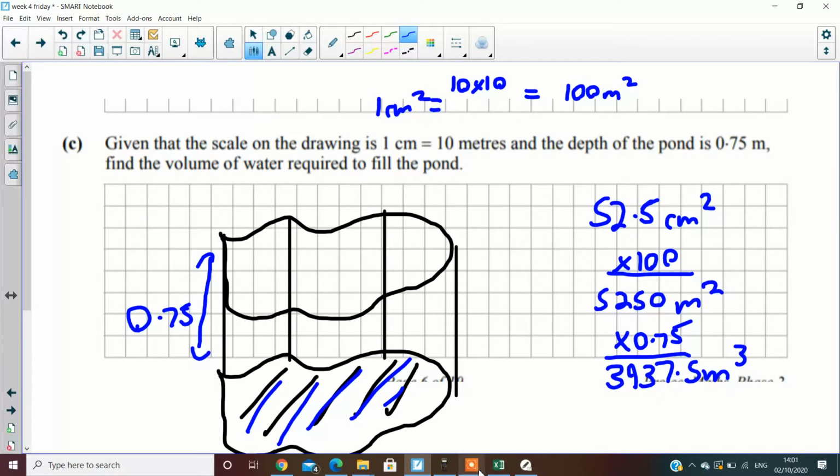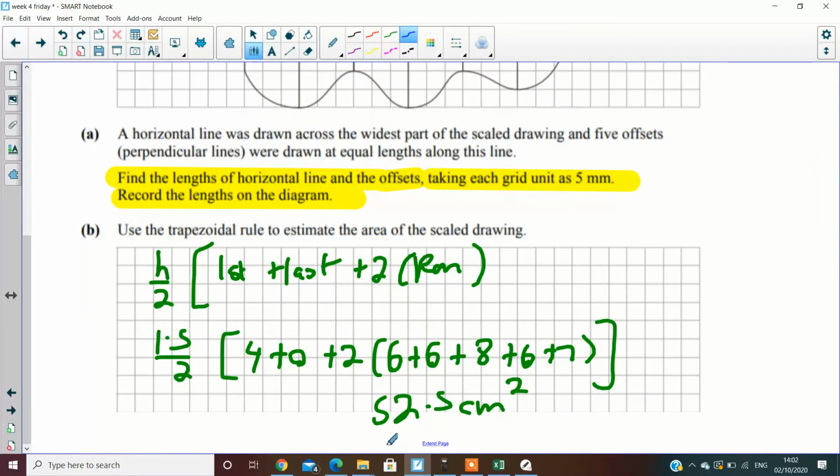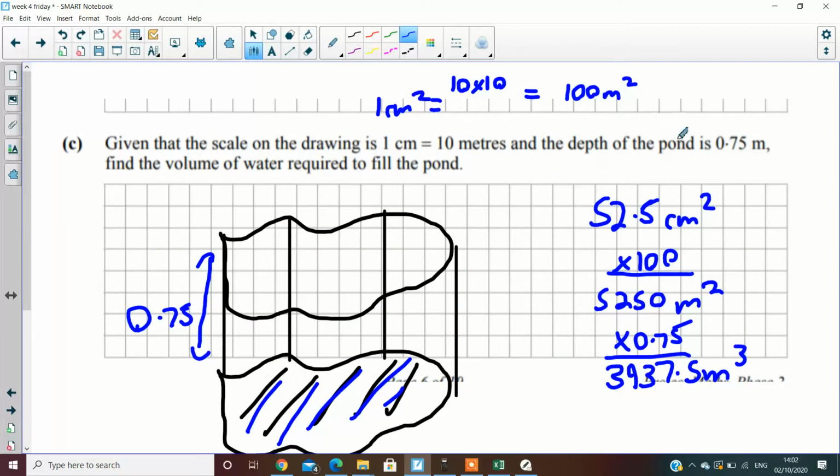From the last answer. Here. And then I converted it to meters squared because it says that 1 centimeter is 10 meters. Implies that 1 centimeter squared is 100 meters squared. Only for this drawn, okay?